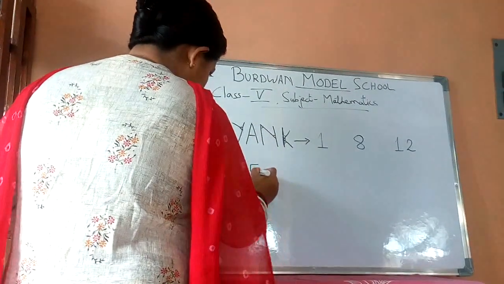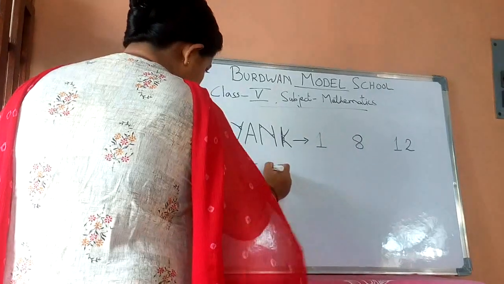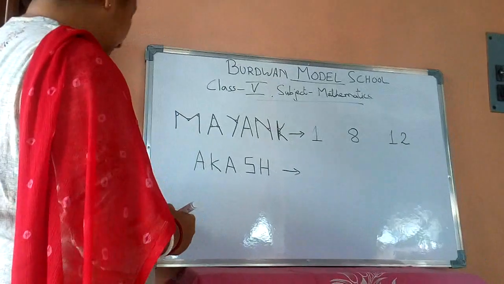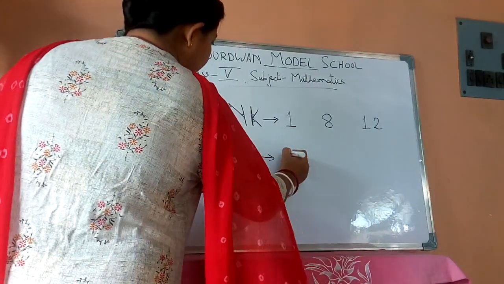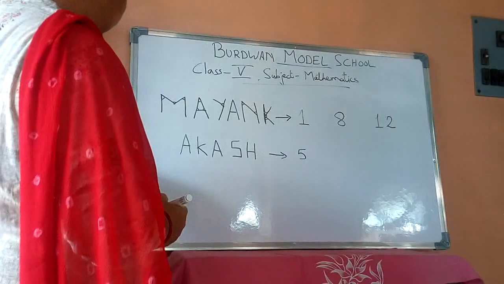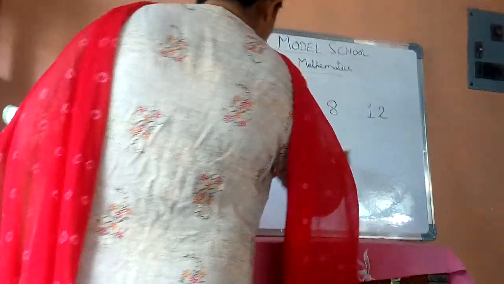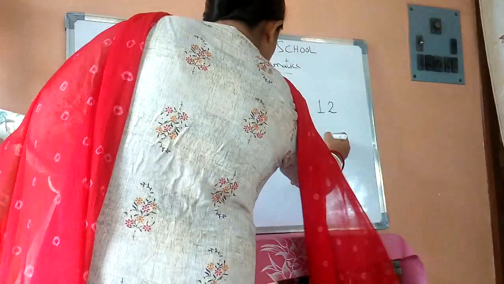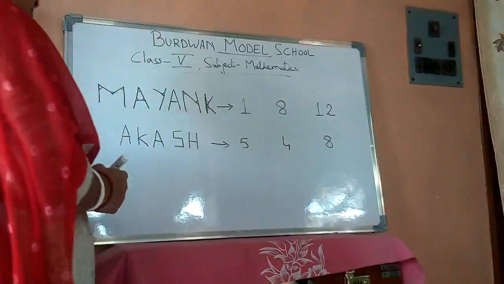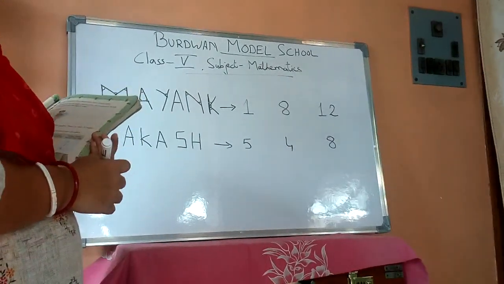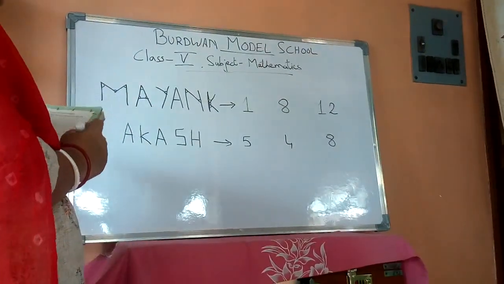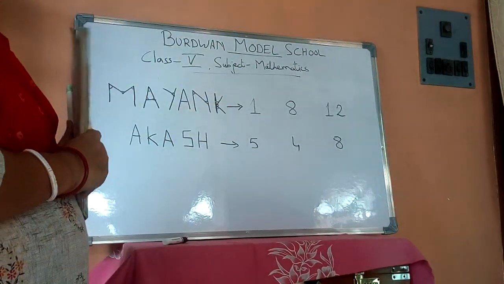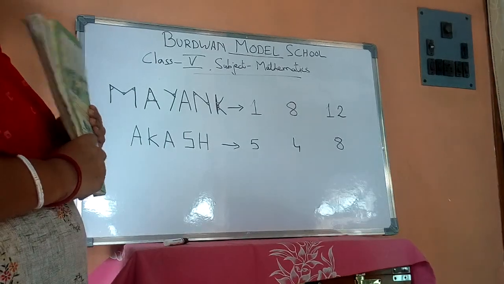A-K-A-S, then H. Here also it will make different angles and you will see there are 5 right angles, 4 angles which are more than 90 degrees and 8 angles which are less than 90 degrees. Okay, and the last one you will write your own name and then you will find the 90-degree angles, then angles which are more than 90 degrees, and angles which are less than 90 degrees.